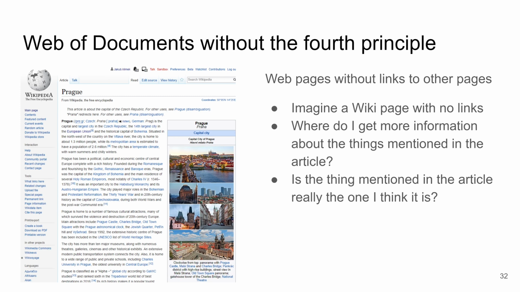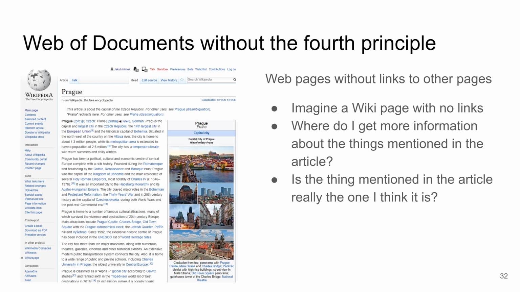Well, you read about Prague, you discover something nice, and then you can see that it is the capital of the Czech Republic and you want to see something about the Czech Republic. But you do not have the link in there, so you cannot just click through and see the page about the Czech Republic. You need to go to your search engine and search for information about the Czech Republic, and then you need to pick a page and read, and you'll see that the Czech Republic is in Europe.